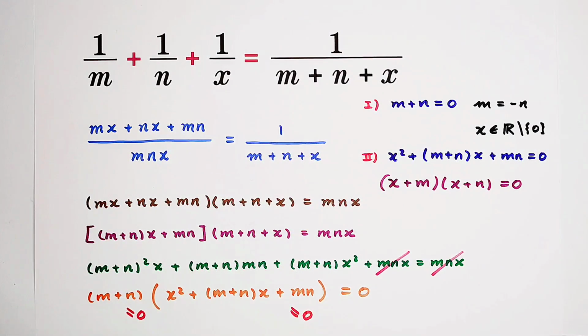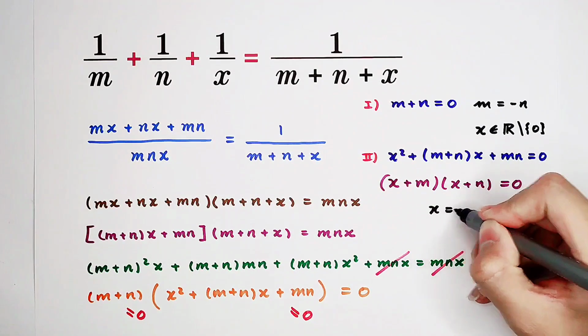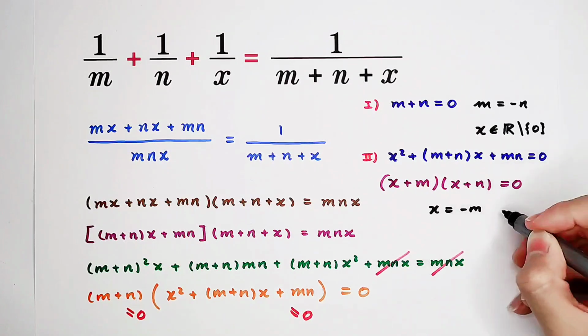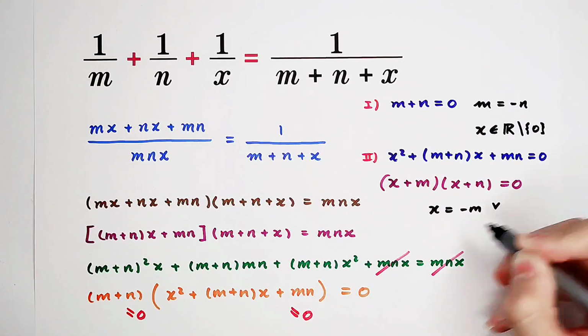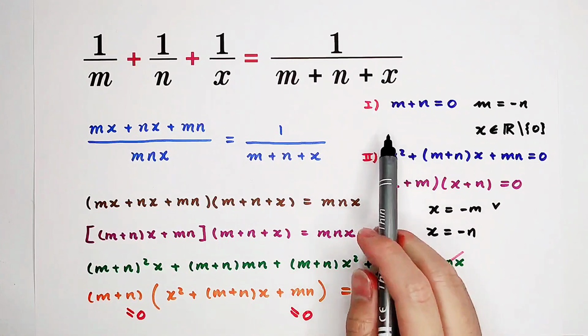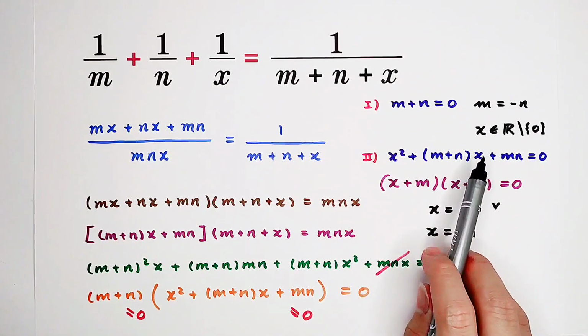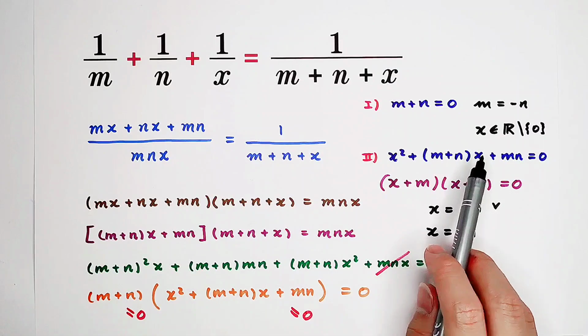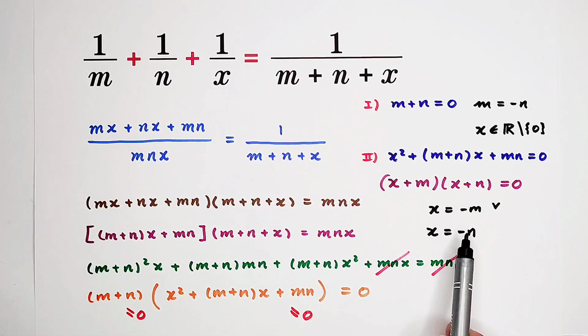That means in this case we have x equals negative m, or x equals negative n. So if m plus n equals 0, x is any non-zero real number. Otherwise, x equals negative m or x equals negative n.